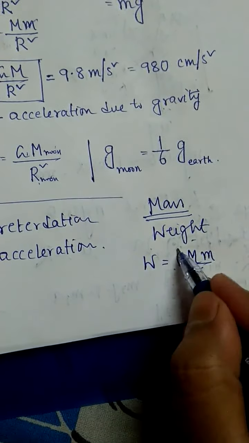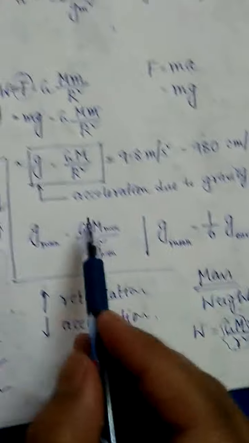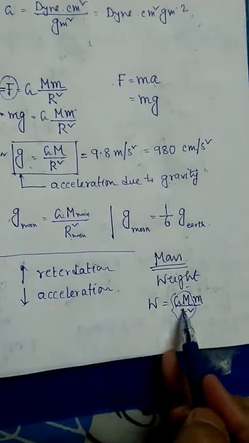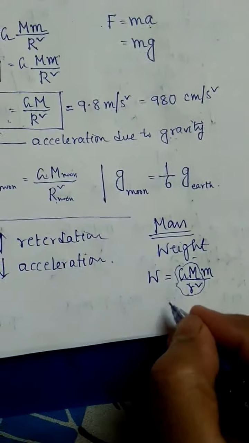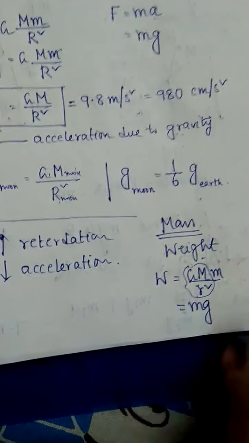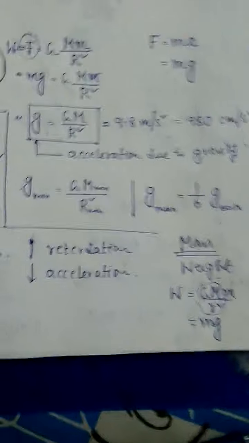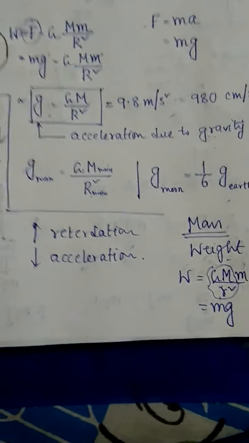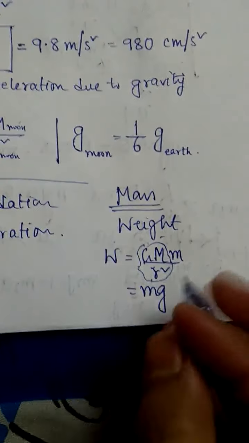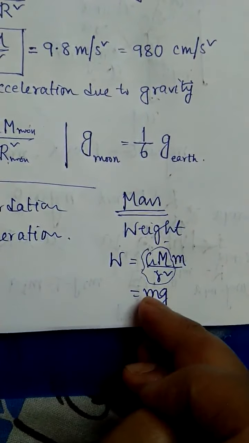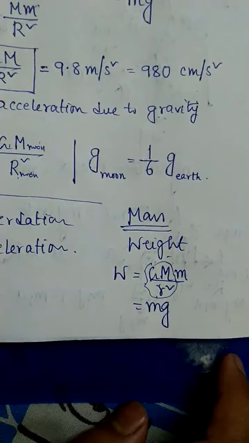But initially we have taken G M by r square equal to small g. So W equals m into g, which is well known to us as the weight of an object, W equals m into g, and the value of g is 9.8. Is it okay?